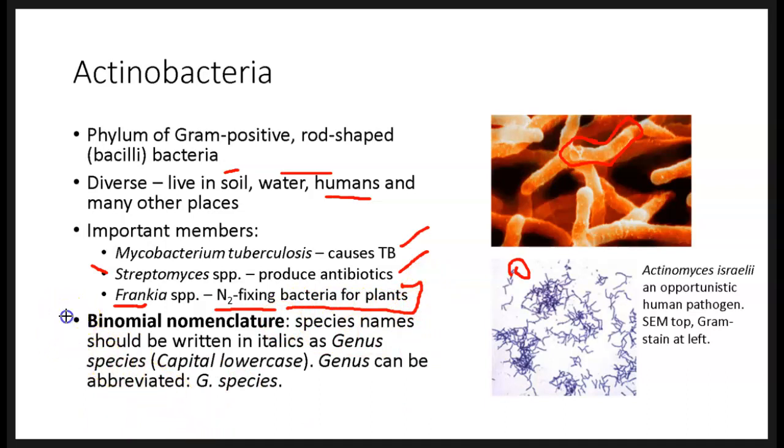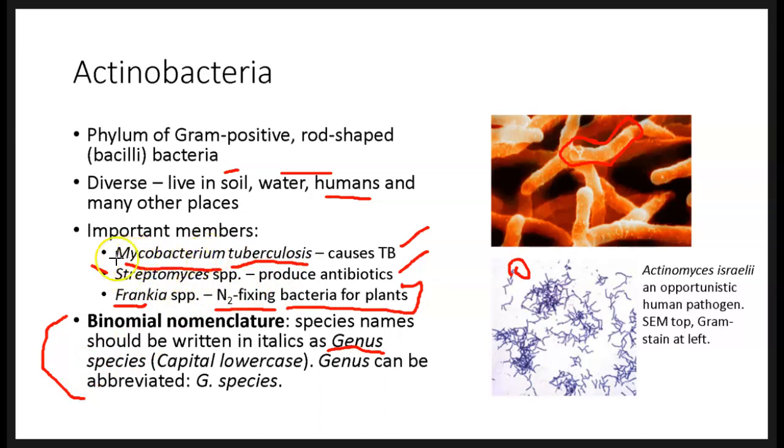So one important thing to note here, when we write bacteria species names, we're going to use a system called binomial nomenclature. Right? We are going to write the genus that a species belongs to as a capital word. Right? So here we have Mycobacterium tuberculosis. And then we're going to write the species as a lowercase word, tuberculosis. Right?